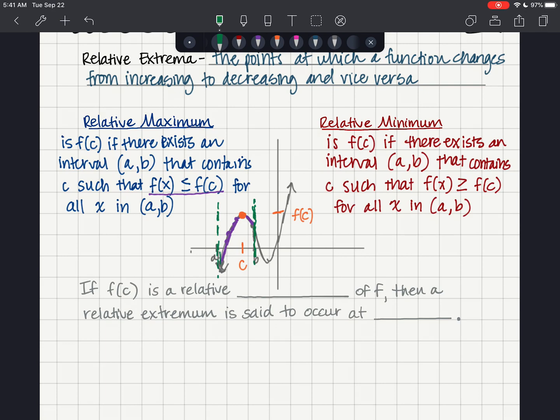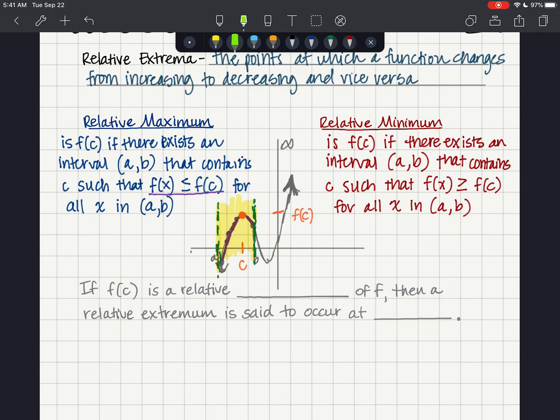Now, if I look at my graph as a whole, I want to point out that the graph as a whole does not have an overall maximum, and that's because this graph increases and goes up to positive infinity. So it doesn't ever reach a maximum. However, local to this region right here, let me highlight it, I do have a relative maximum.